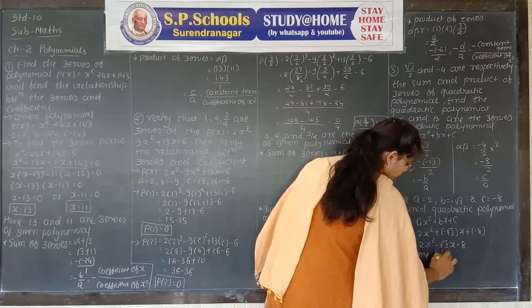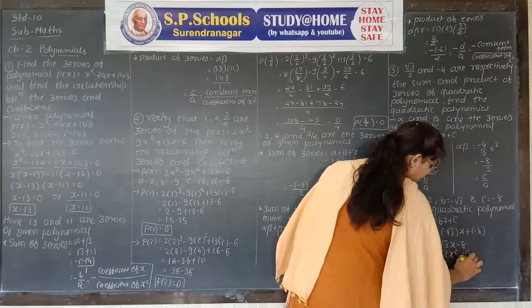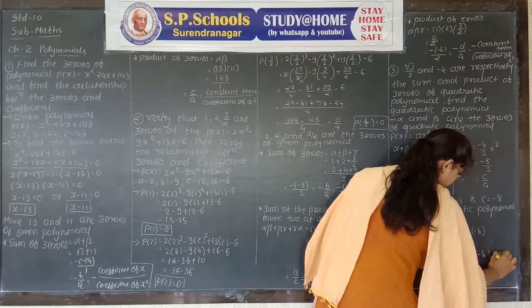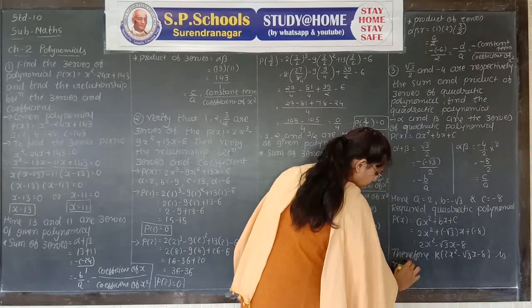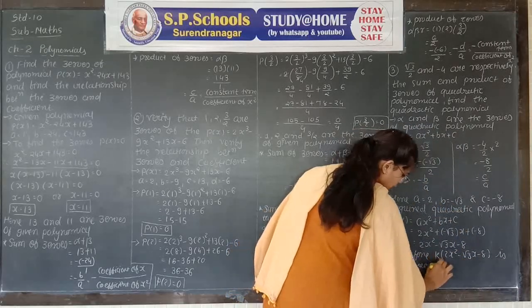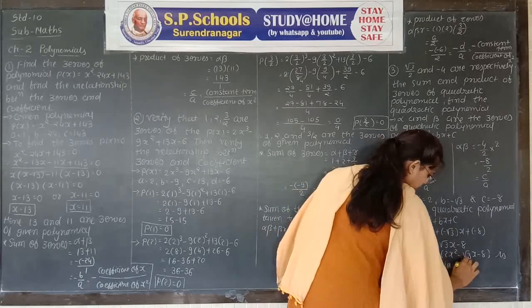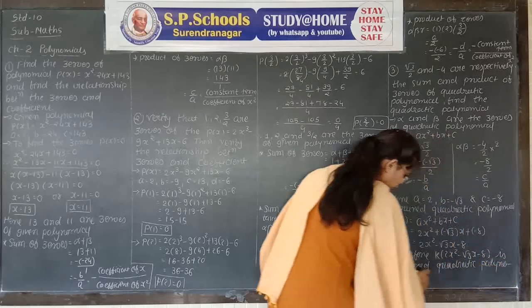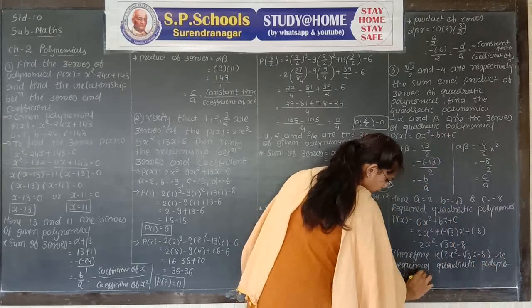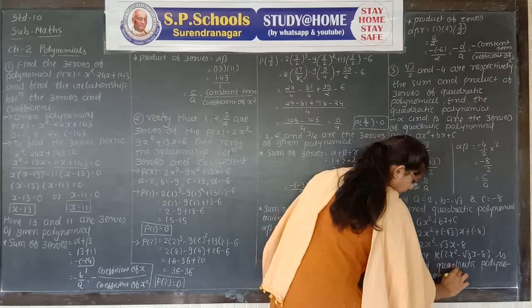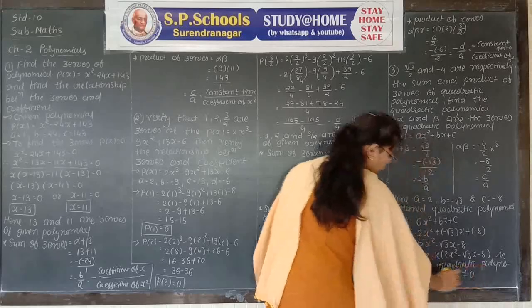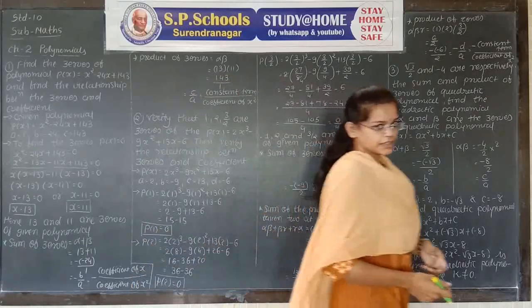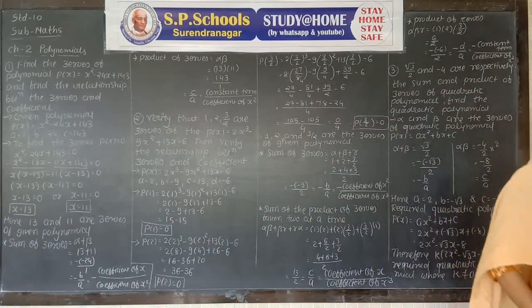Therefore k into bracket 2x square minus root 3x minus 8 is the required quadratic polynomial, where k is not equal to 0. Hence, the three numbers are completed. Now we see the next, fourth number.